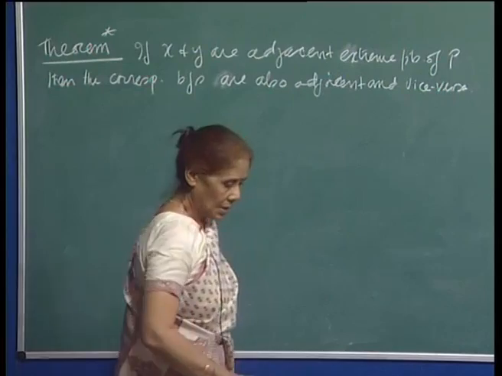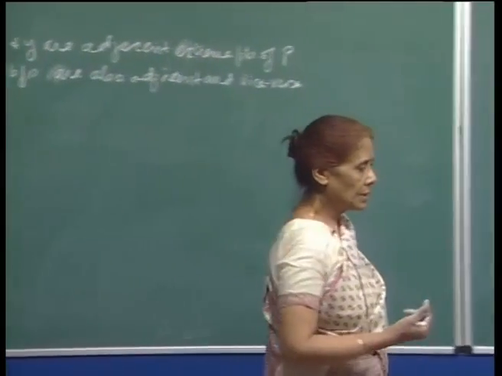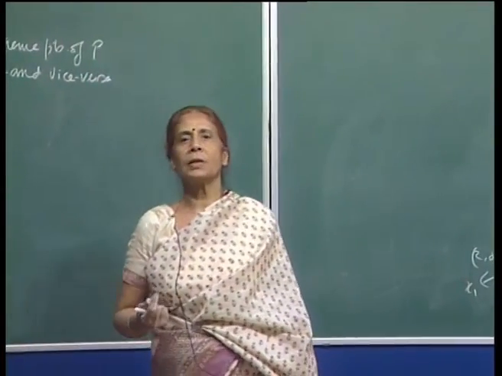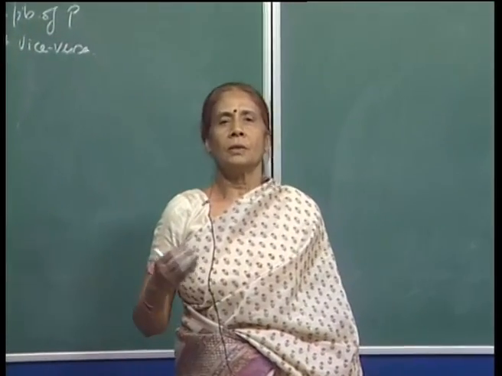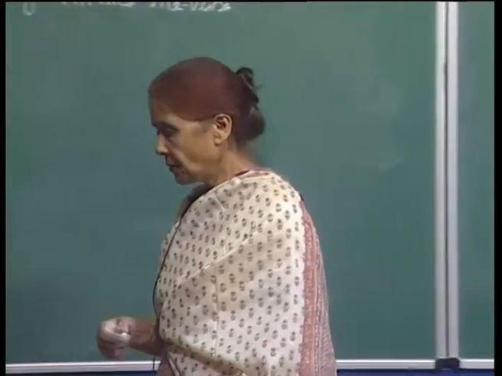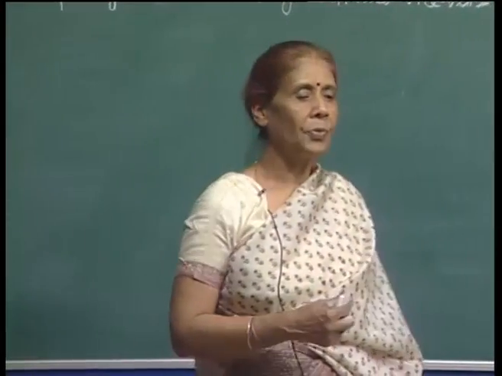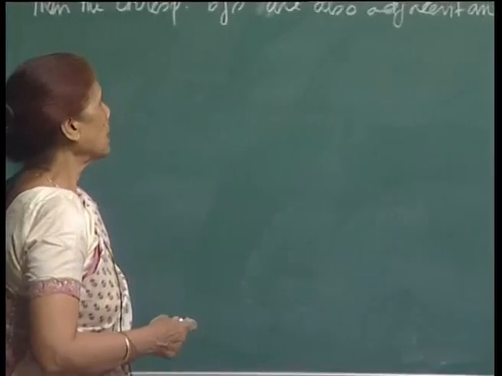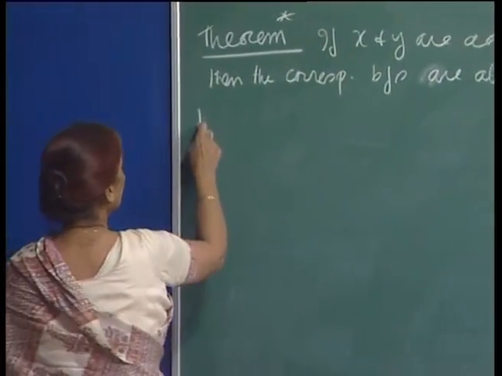If two extreme points are adjacent, the corresponding basic feasible solutions are adjacent. If two basic feasible solutions are adjacent, the corresponding extreme points will also be adjacent. So, let us give the proof.